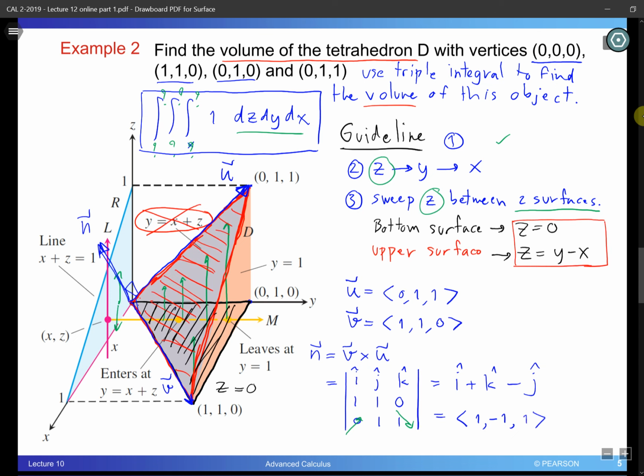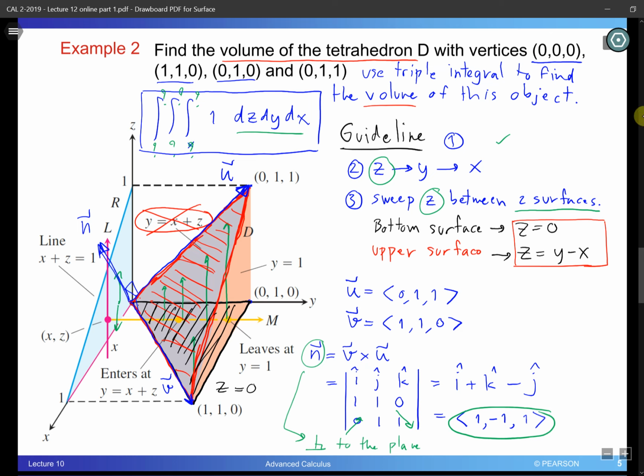If you recall what we did before the midterm, if you have a vector that is orthogonal to both u and v, it means that this n is going to be orthogonal to the plane. And if you have this vector n ready, you can find the plane by using the elements of n as the coefficients in front of x, y, and z.